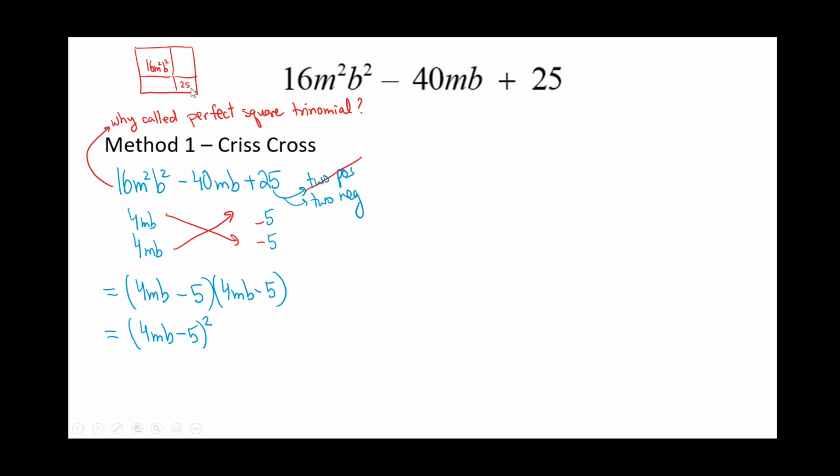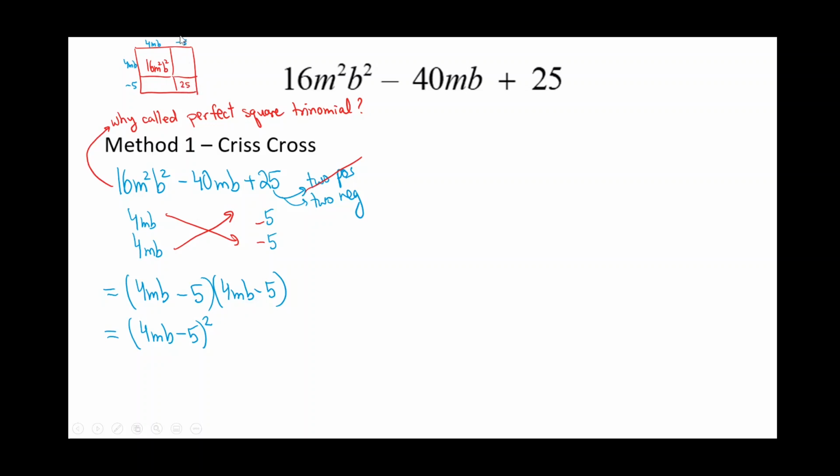Because it's a perfect square number, we can think of 16m squared b squared as having sides 4mb this way and 4mb that way. So this side and that side are identical, and when you multiply length times width, you have this area on the inside.